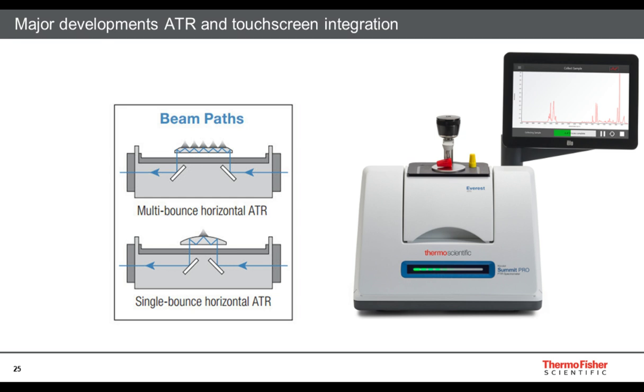From an instrumental perspective, one of the biggest advancements is the introduction of attenuated total reflectance as a way to sample your measurements. In many cases, gone are the days of KBr pellets or salt plates, and instead what we're using is attenuated total reflectance.